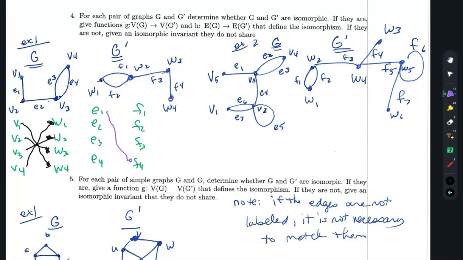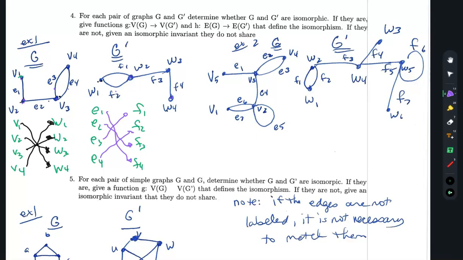Then edge 2 has got to be between the vertex of degree 2 and the vertex of degree 3, so that's got to be F3. And then E3 and E4 are going to be F1 and F2. So those would be like that. So there is an isomorphism.